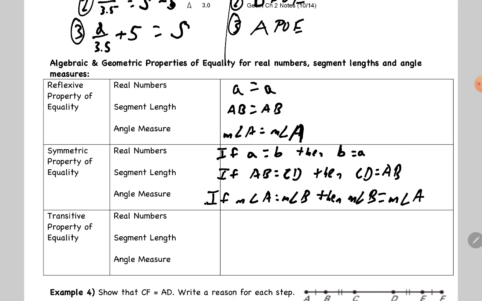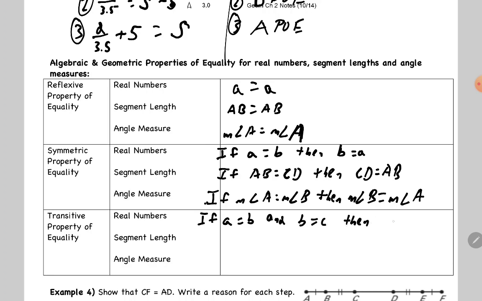And then here's the transitive property. If A equals B and B equals C, then you can go ahead and say A equals C. Same thing with the segment length.